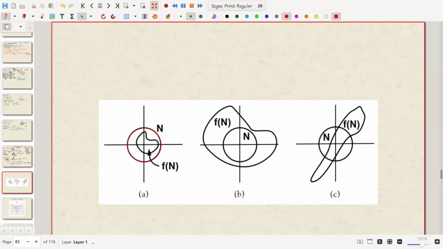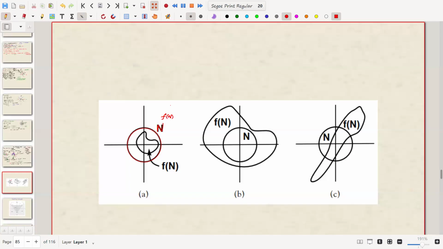It gives you F of N. The idea is that if you apply a continuous function to a region, the output will be another region, not necessarily the same one. So if you start with N and apply the map F, the question is whether the result lies inside N or outside N. If it lies inside N, then it is mapping inside.